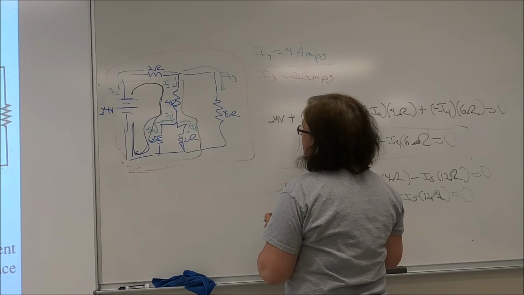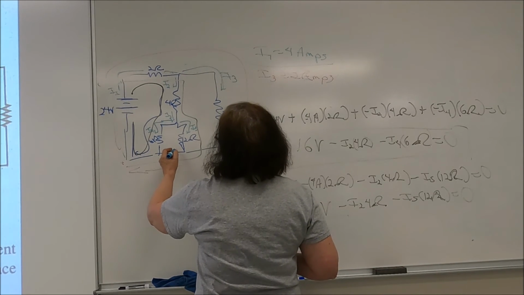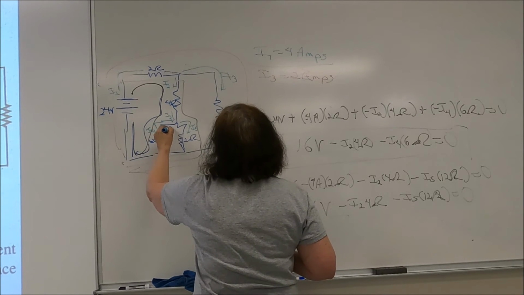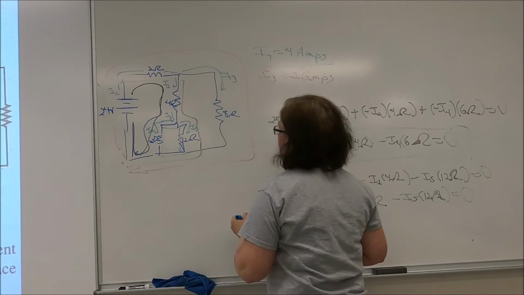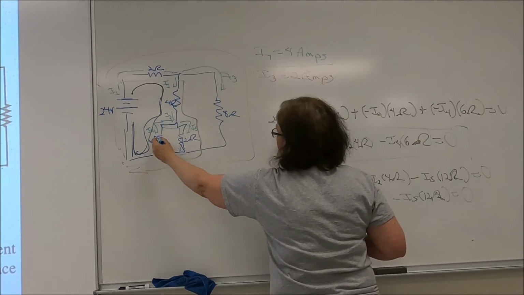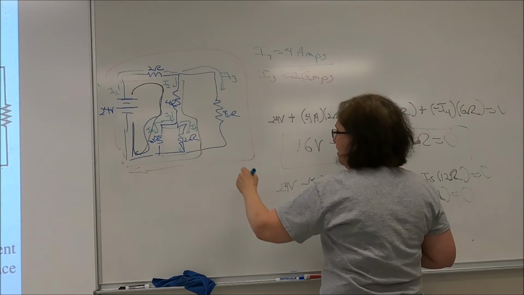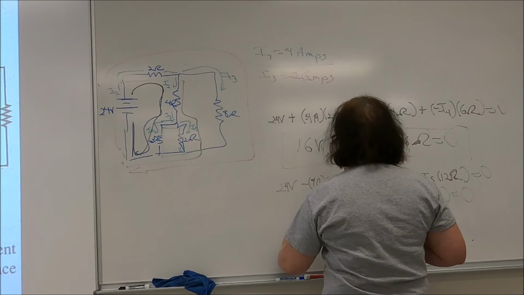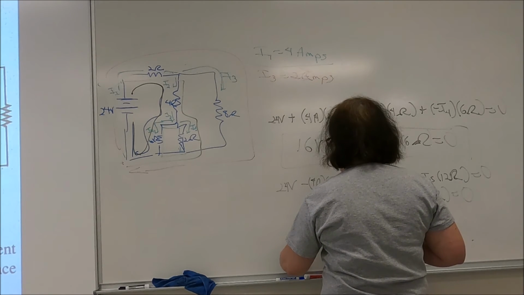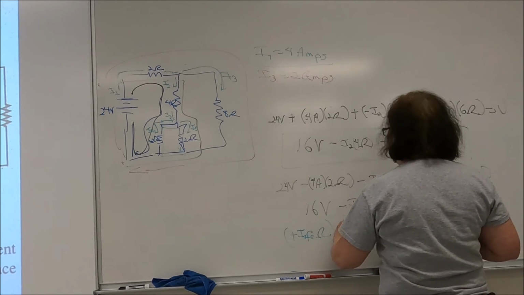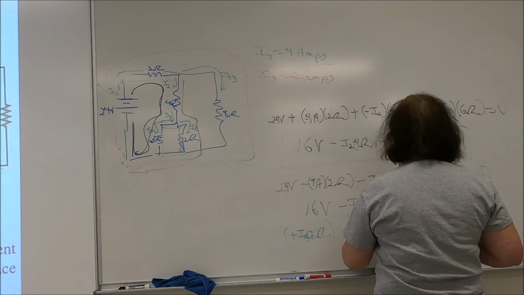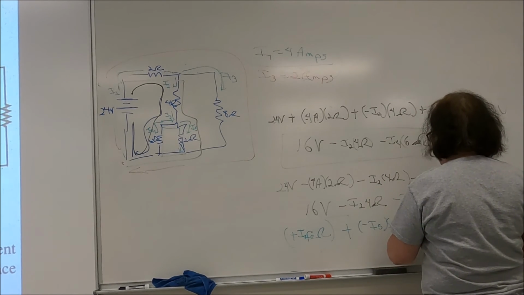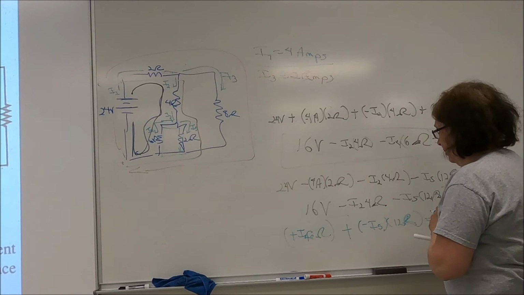And if I make a third loop, then I could start here, think about going this way and around this way through the loop. So if I start here, the first component I hit is that 6 ohm resistor. So I have 6 ohms, and I have a plus I4 plus a minus I5 times 12 ohms has to be 0.